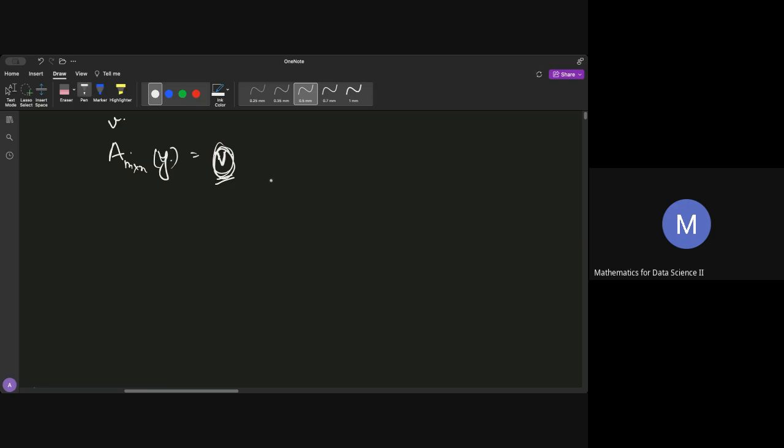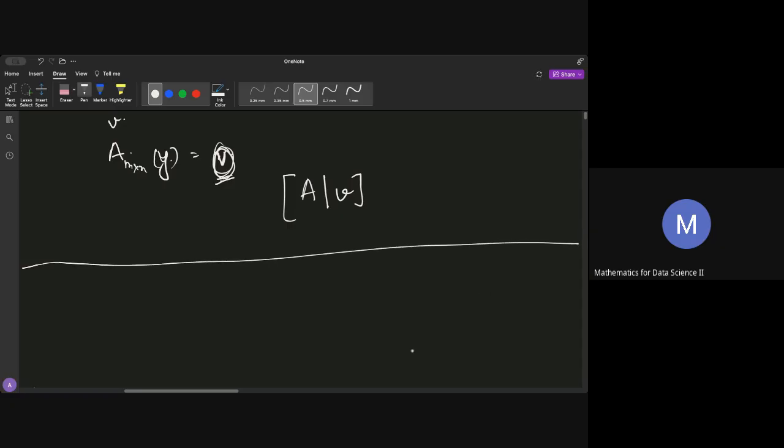It's the augmented part that you have to do. You have to solve this and see if it has a solution or not. Is that okay? Yes, ma'am. Okay.